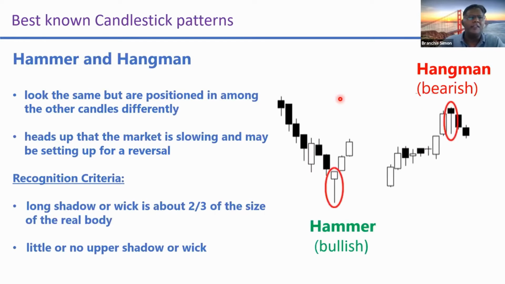The next candle is hammer and hanging man. This is my favorite candle. And this candle is very, very prominent whenever there is big news in the market, for example an election, or sometimes a disaster in the country which impacts the economy.